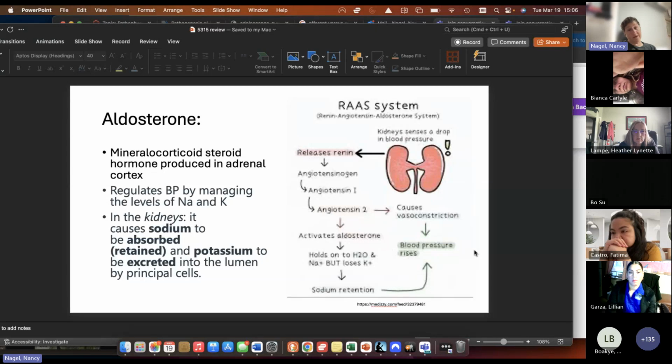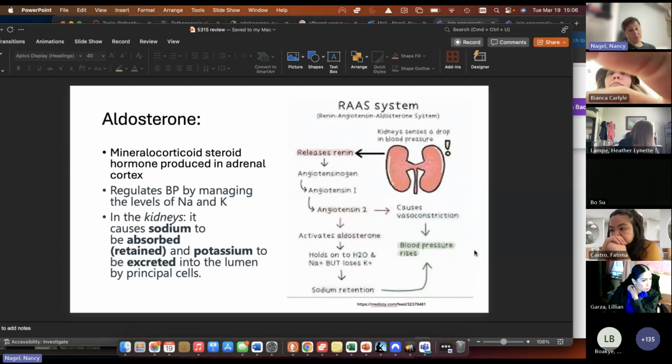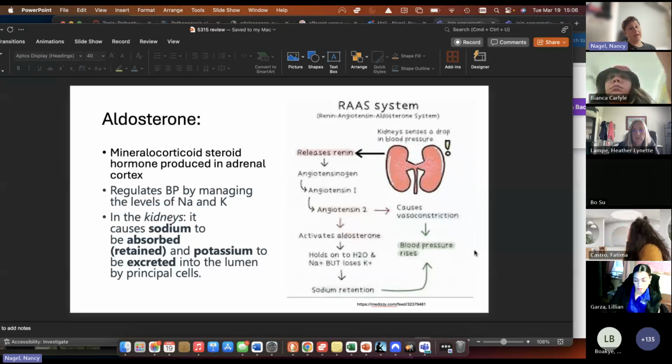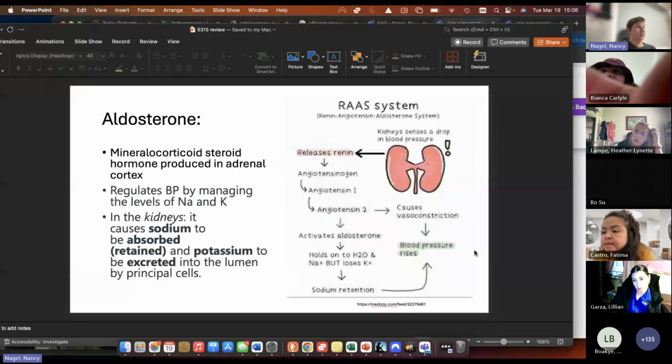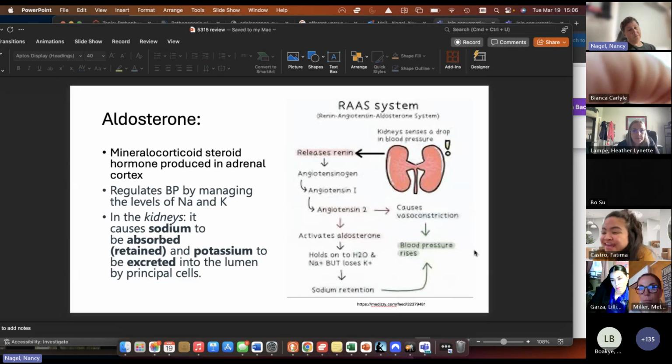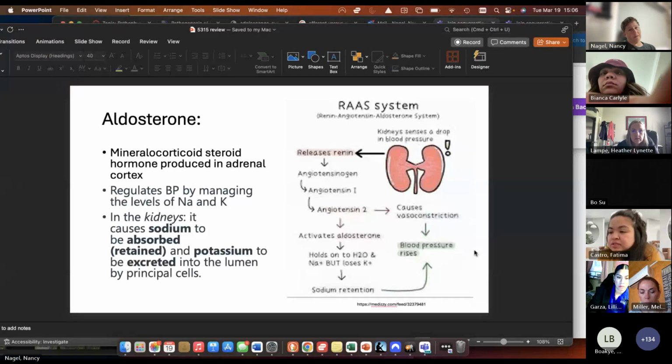It's released by the adrenals, and it helps regulate blood pressure by two methods. One, it helps absorb sodium, and when it absorbs sodium, it also absorbs water. Those two go hand in hand. At the same time it's absorbing sodium and water, it is excreting potassium.